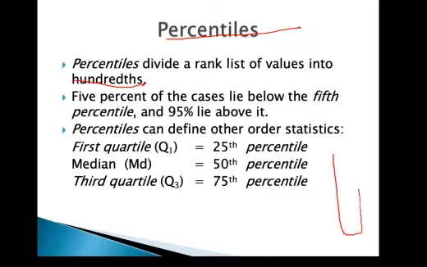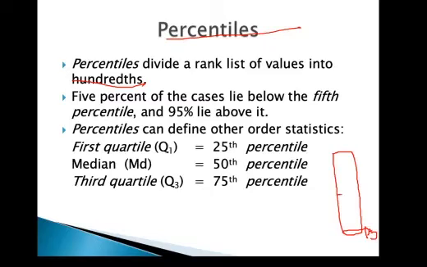And so, again, if we have this array of values, and this, for example, is the fifth percentile, and I denote this as P5, this is higher than 5% of cases and lower than the 95% of cases.